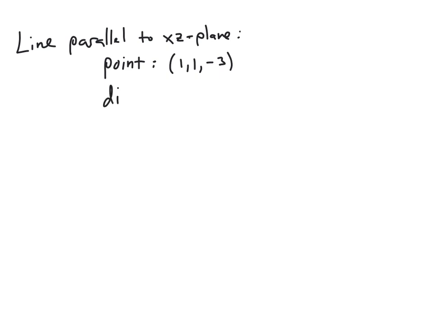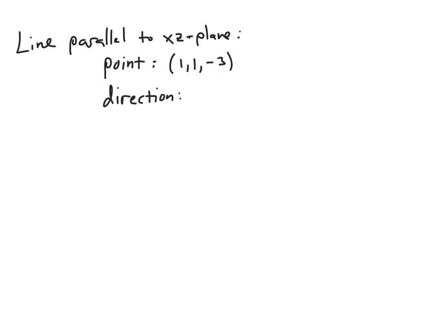We also need a direction vector for this line. The way we can think about that is to go back to the partial derivative of f with respect to x at the point 1, 1. We computed that to be negative 4. What that means is that if we look in the plane y equal to 1, thinking of y as constant, f sub x of 1, 1 is equal to negative 4.